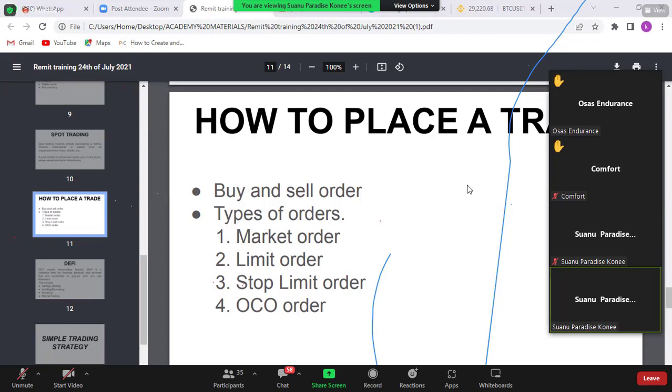A day trader's trade lasts only 24 hours. If you exceed 24 hours, you are no longer a day trader. A swing trader's trade lasts for days, 3, 4, 5 days, 1 week.